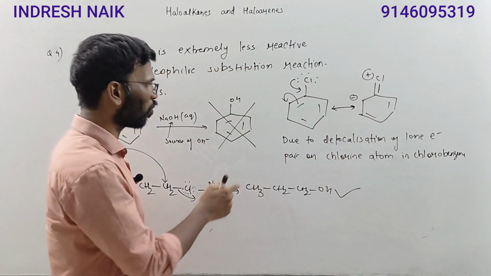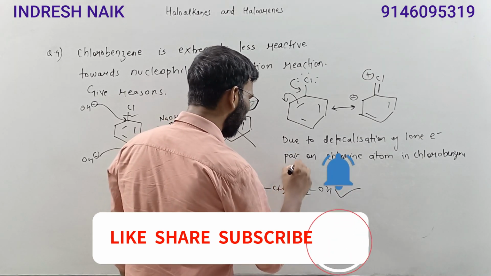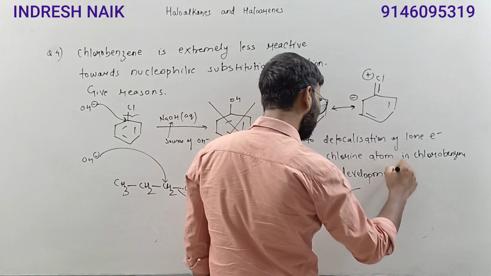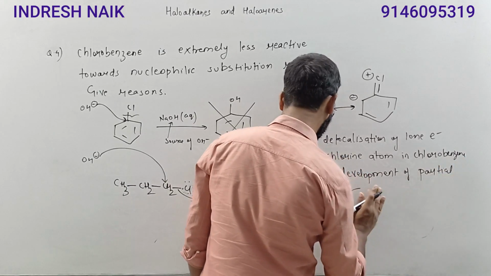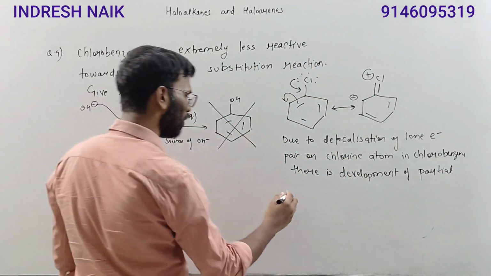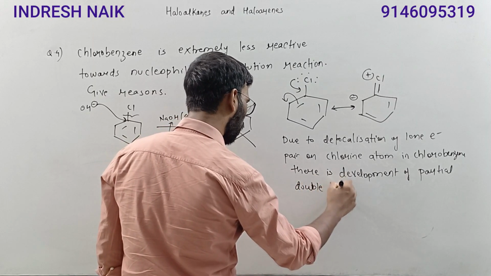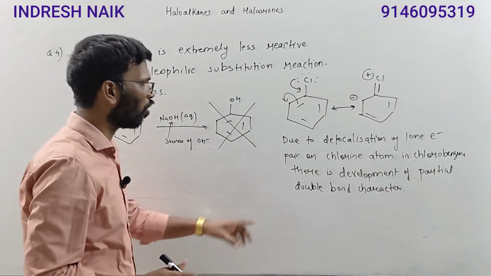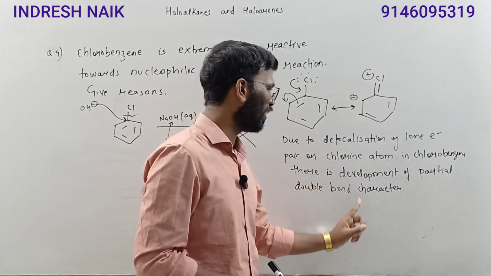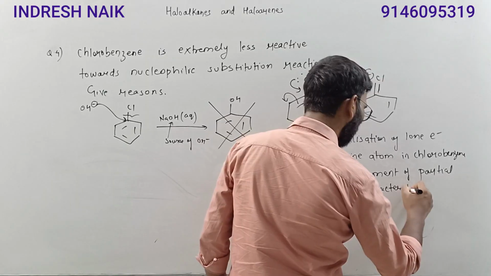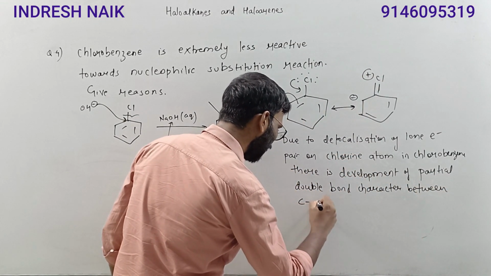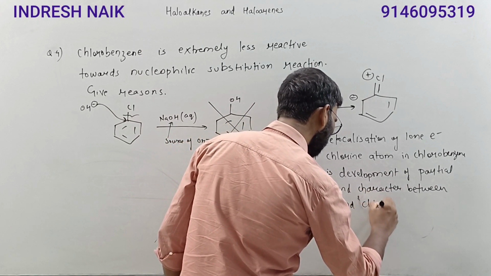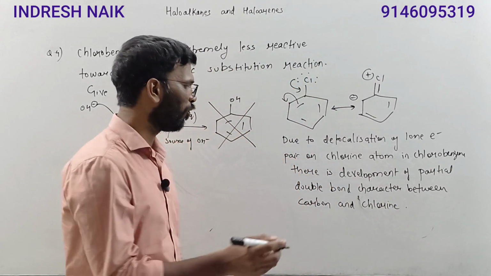Due to delocalization of the lone electron pair on chlorine atom in chlorobenzene, there is development of partial double bond character between carbon and chlorine.